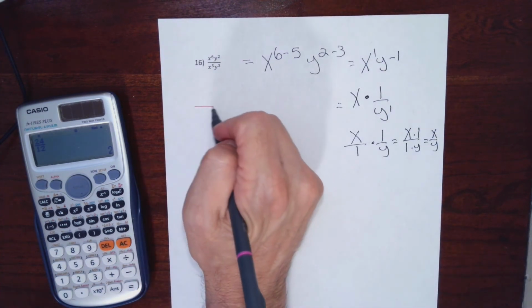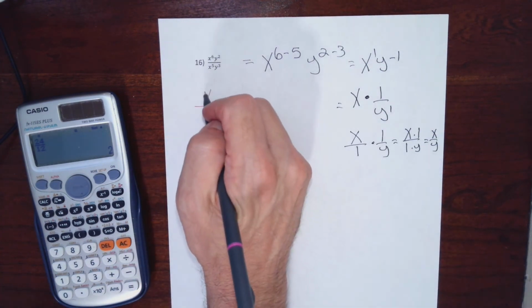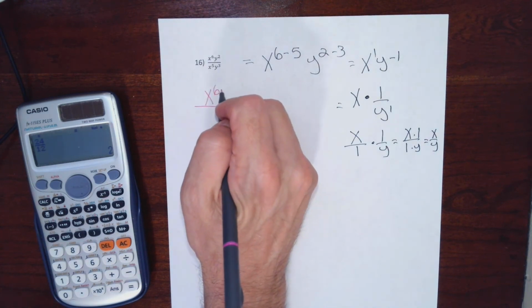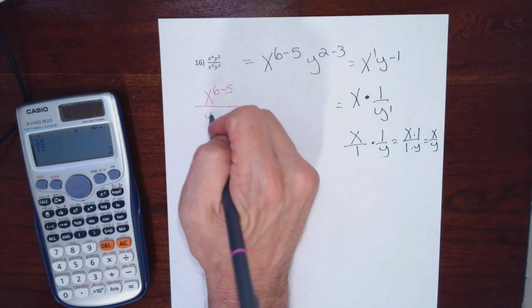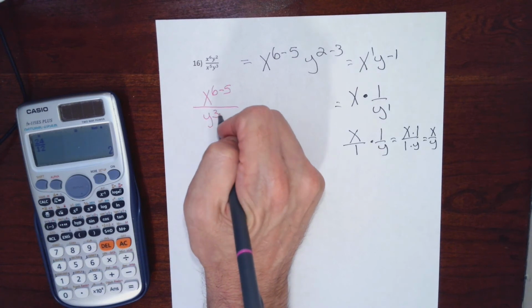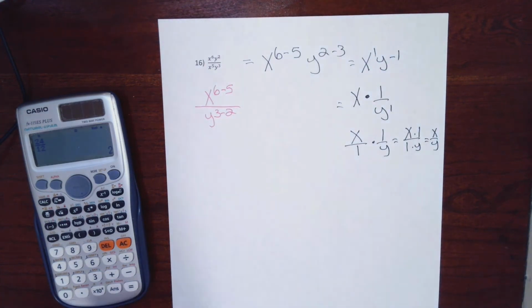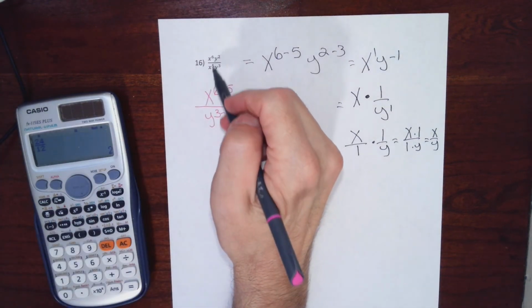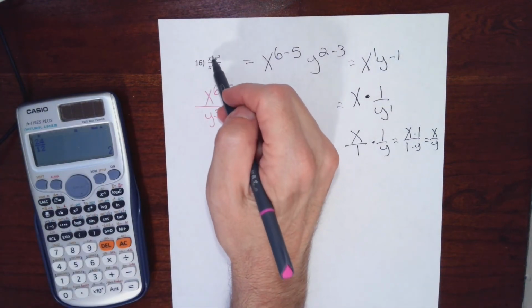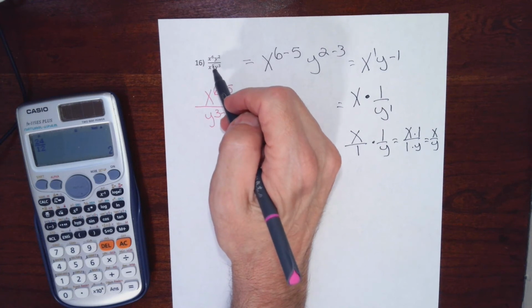The shortcut way to do this is if I'm dividing and I need to subtract exponents, the shortcut is to take the big exponent minus the small exponent and leave the variable where the bigger exponent is. So for the x's, I'm going to take 6 minus 5. 6 is the big exponent, 5 is the small exponent.